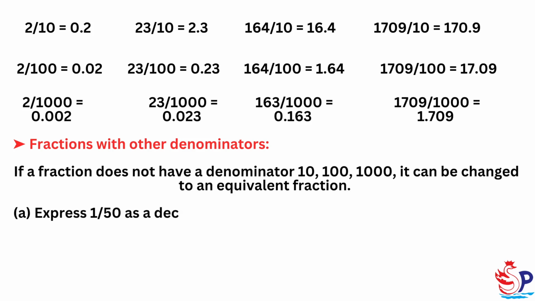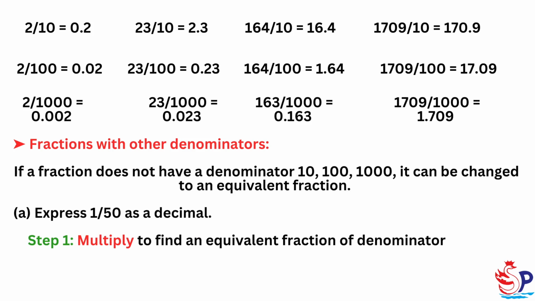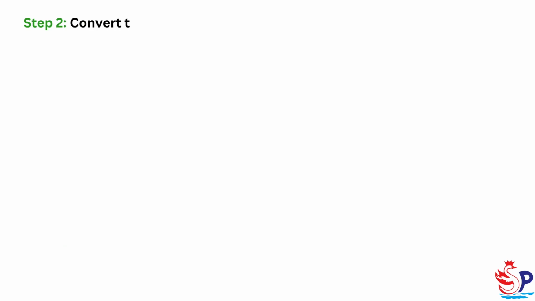A. Express 1/50 as a decimal. Step 1. Multiply to find an equivalent fraction of denominator 100. 1/50 equals (1×2)/(50×2) equals 2/100. Step 2. Convert that fraction to a decimal. 2/100 equals 0.02.